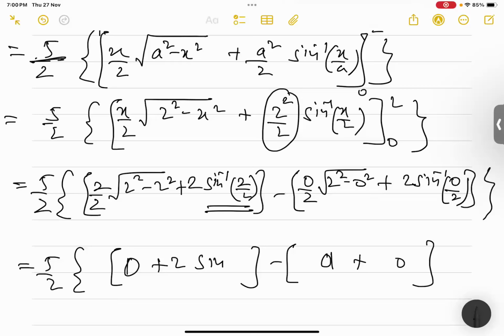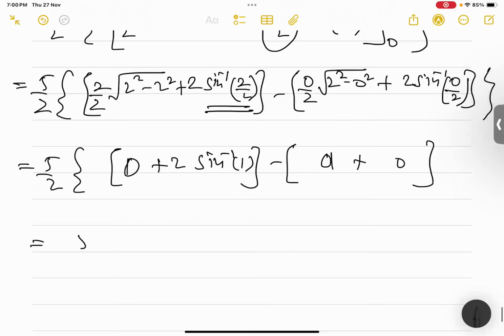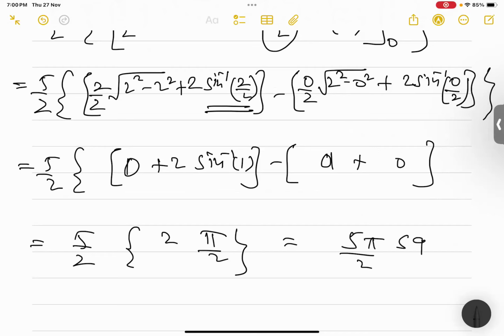This will be sine inverse 1. Sine inverse 1 is pi by 2. So this will be 5 pi by 2 square units.